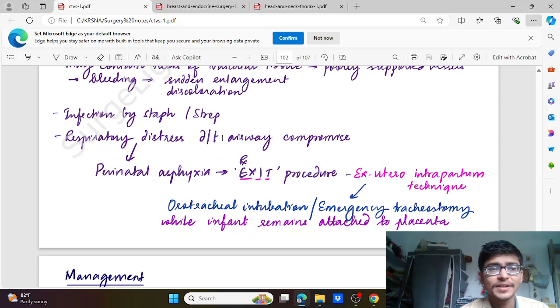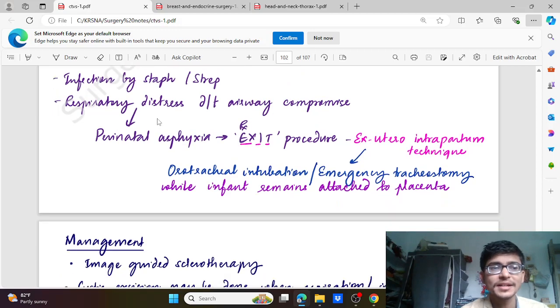It can result in infection with staph or strep. Respiratory distress due to airway compromise may result in perinatal asphyxia. The treatment is the EXIT procedure. What is this EXIT? It is the ex utero intrapartum treatment technique, where we do intubation when the baby is still attached to the placenta, or we even have to go for tracheostomy.